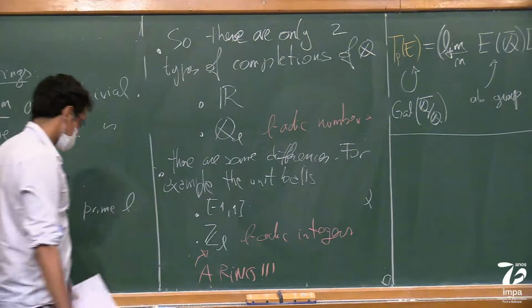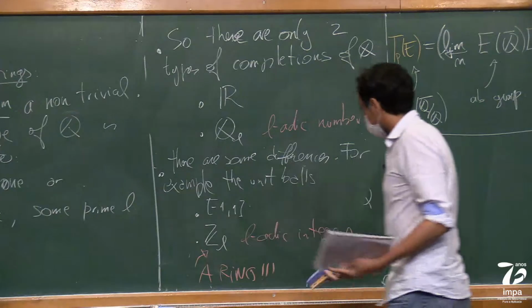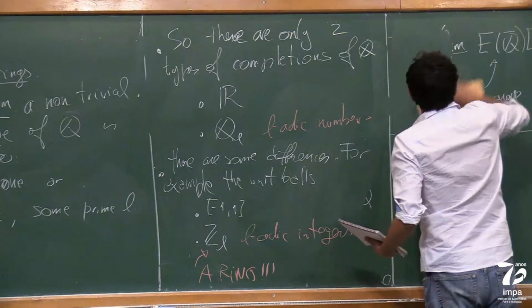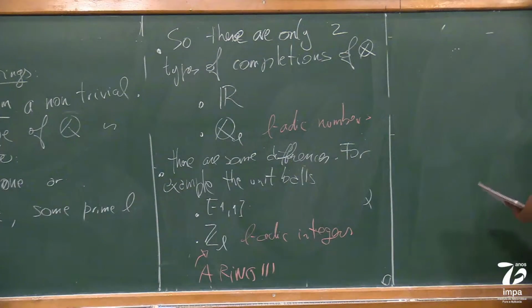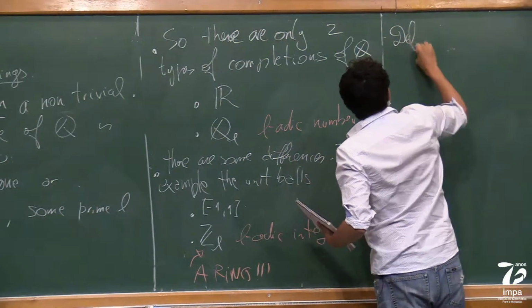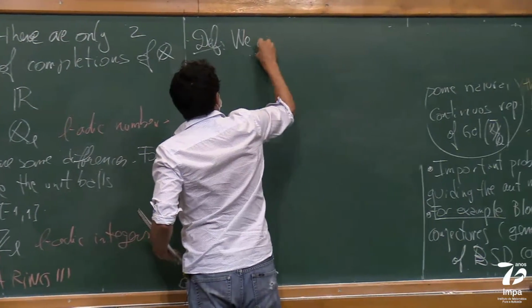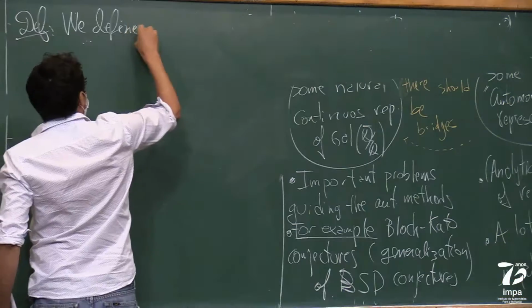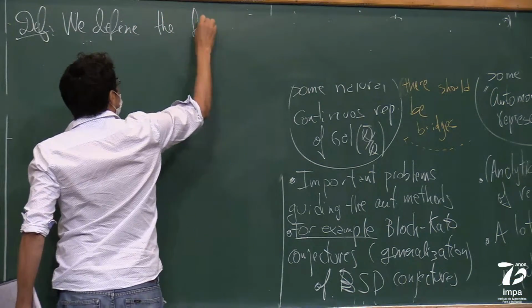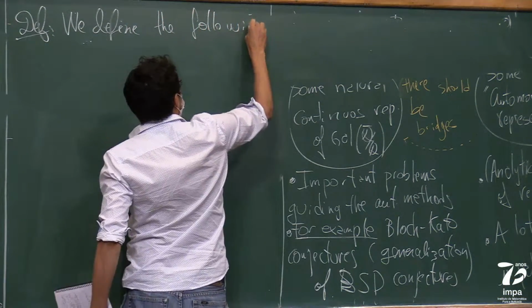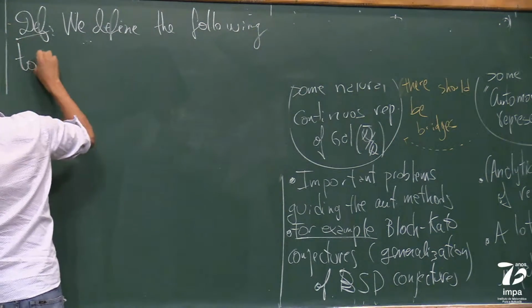So this is one difference that you have. Now I will introduce the rings that I need to define these arithmetic manifolds. Some definitions: we define the following topological rings.